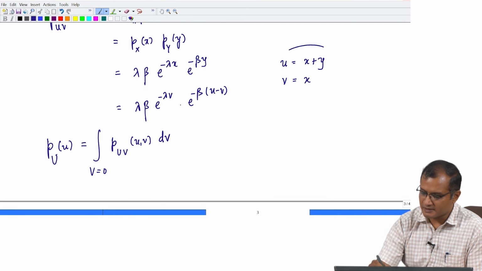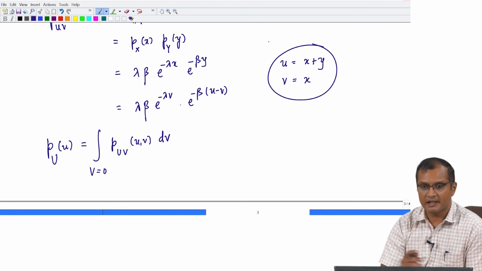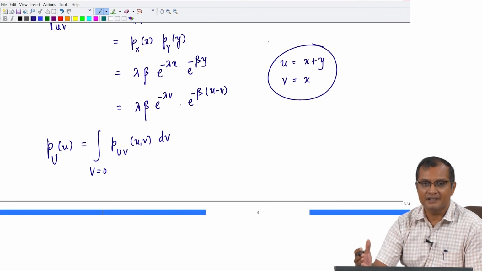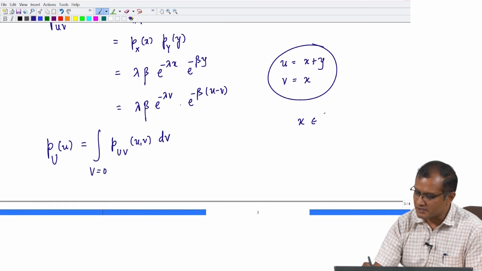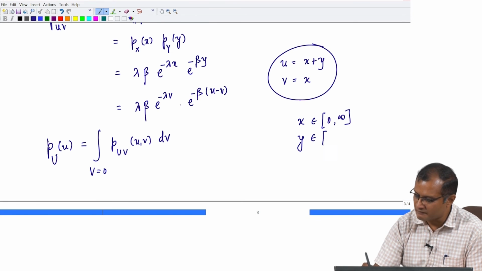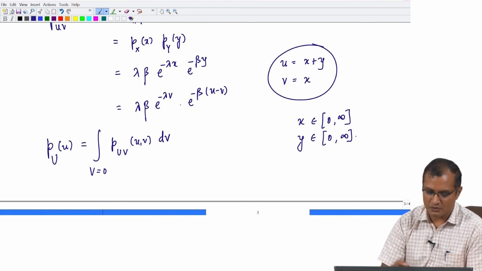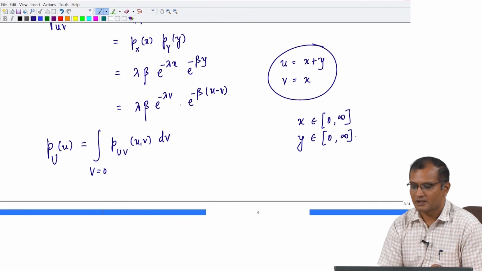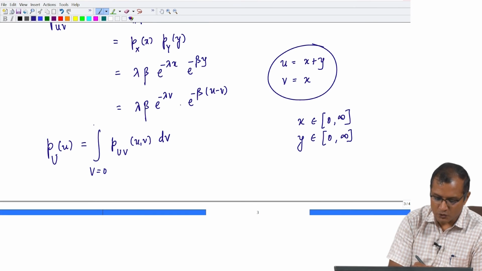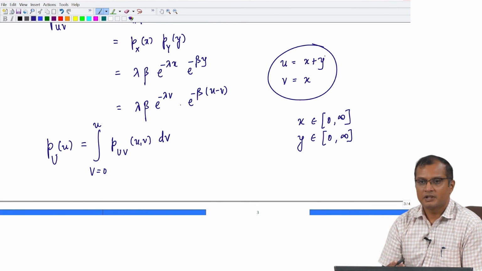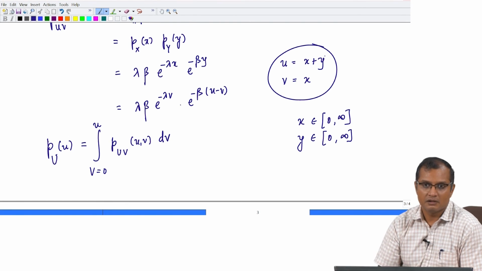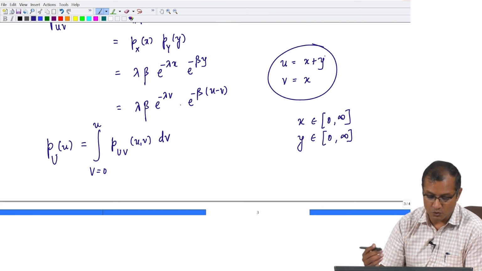By looking at this relationship, I can easily say that the lowest value of v can be 0, because x and y are positive variables distributed between 0 and infinity. So, certainly u and v also will have the minimum value of 0. So, in this integral I have to take v as 0 as the lowest value. The upper limit on v will definitely be u, because by this relationship v cannot exceed u, since I want the sum x plus y to be u.